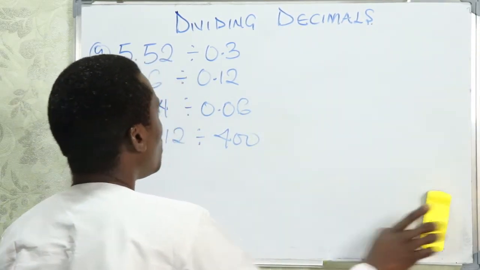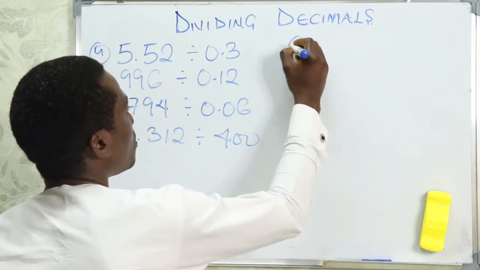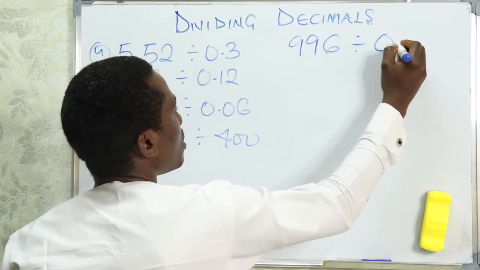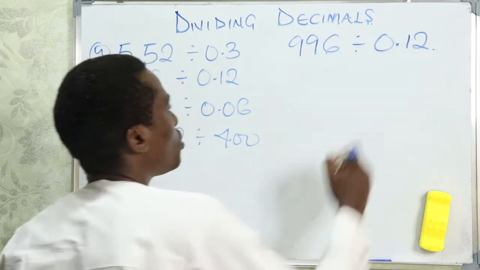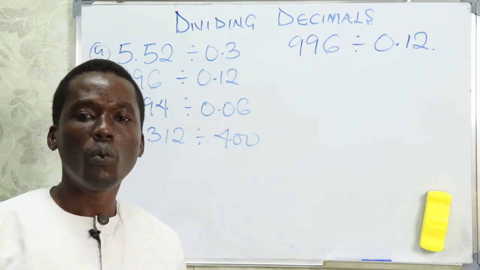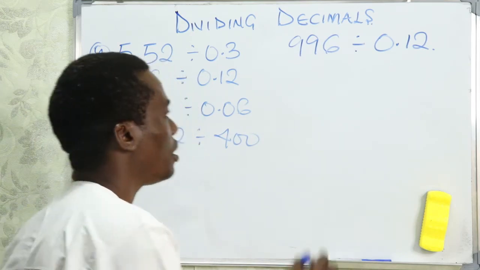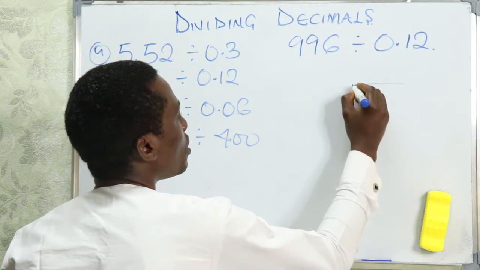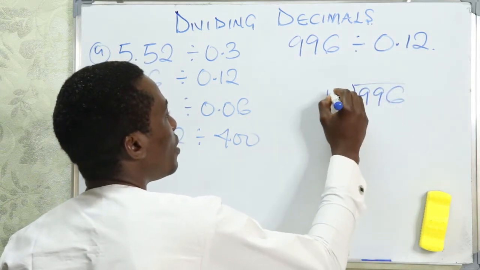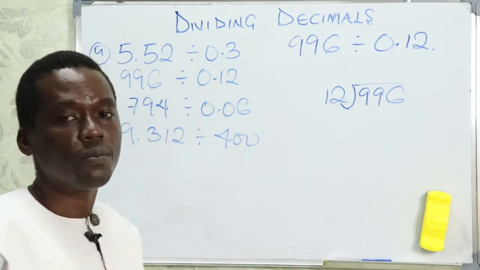Question number 2 says you should what? Divide 996 divided by 0.12. So what you need to do is to divide normally without the decimal place. So we're going to have 996 divided by what? 12.